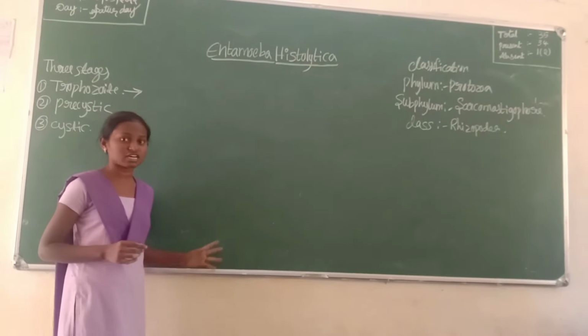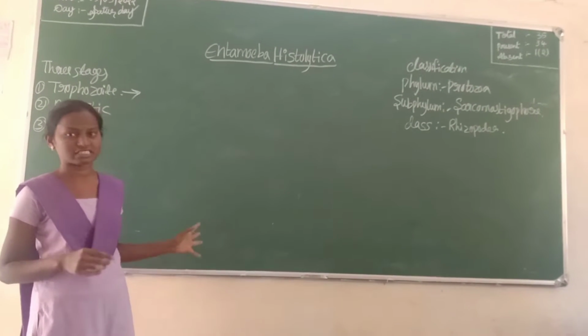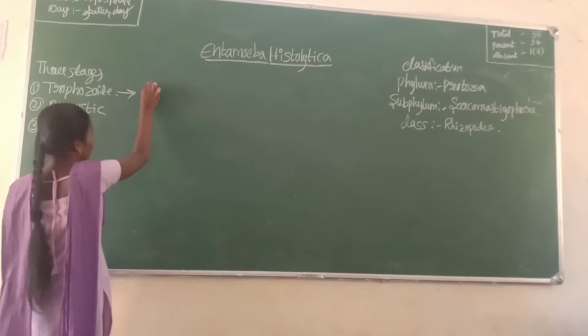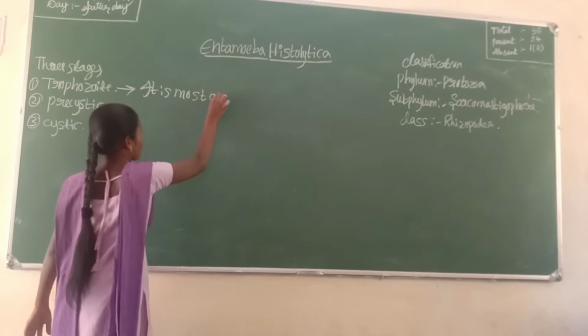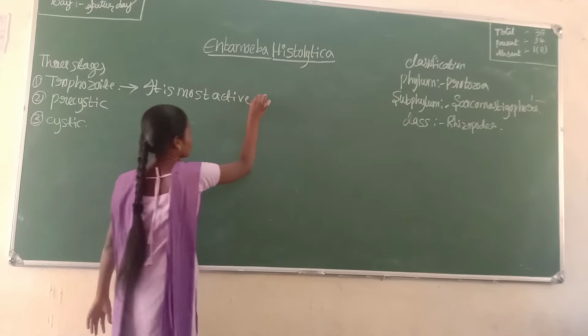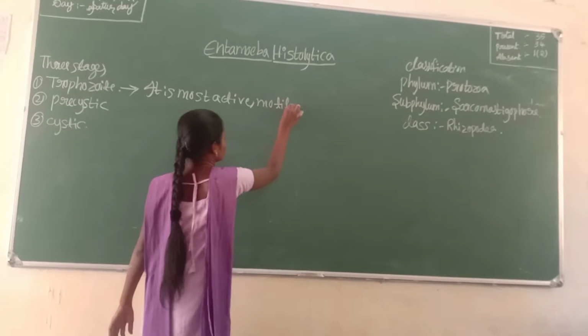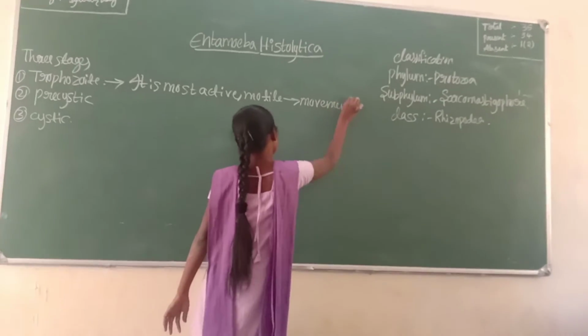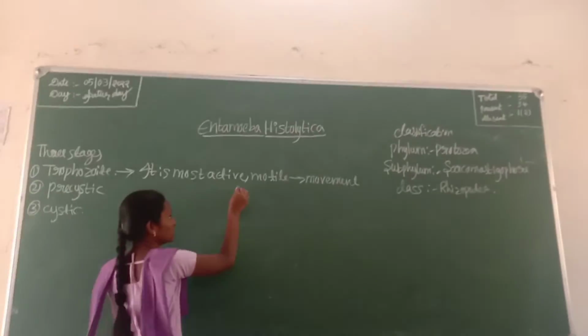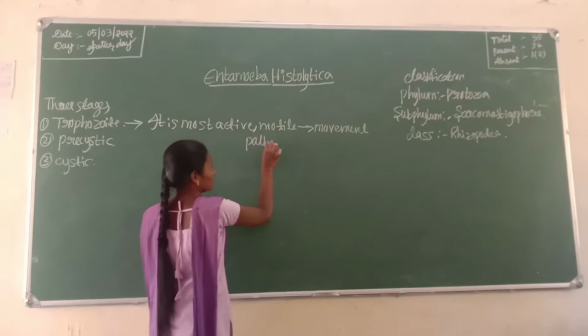Now the diagram of the trophozoite stage. It is most active and motile. Motile means movement. This is the pathogenic stage.